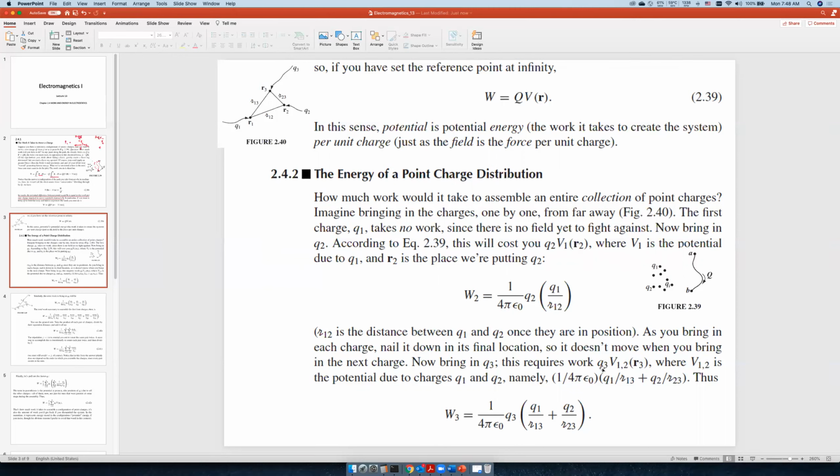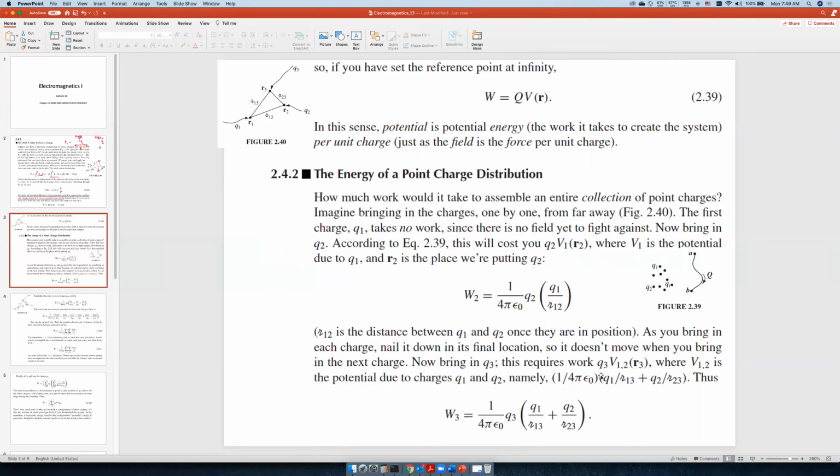it requires the work Q3 times V12 at R3, where V12 is the potential due to charge 1 and charge 2. This potential generated by Q1 and Q2 can be calculated by this equation, 1 over 4 pi epsilon 0, then Q1 over R13 plus Q2 over R23. So this is the rule of superposition. Superpose Q1 and Q2, and you get a superposed electric field of charge 1 and charge 2.